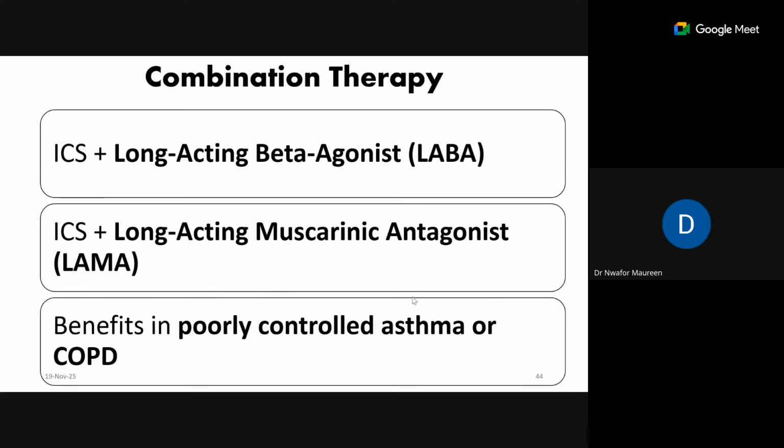They can be given in combination therapy. Inhaled corticosteroids can be given in combination with long-acting beta agonists, and also with long-acting muscarinic antagonists, that is, anticholinergic agents. There is benefit in poorly controlled asthma or COPD.